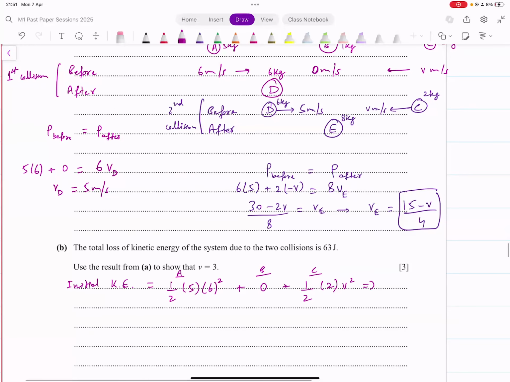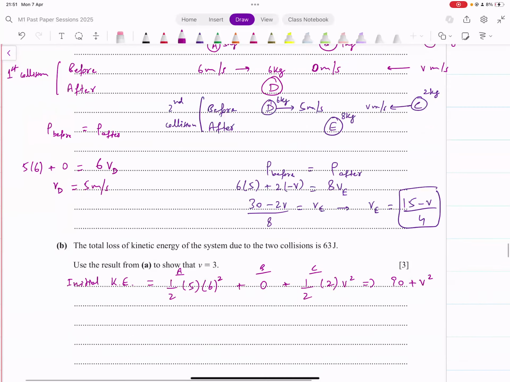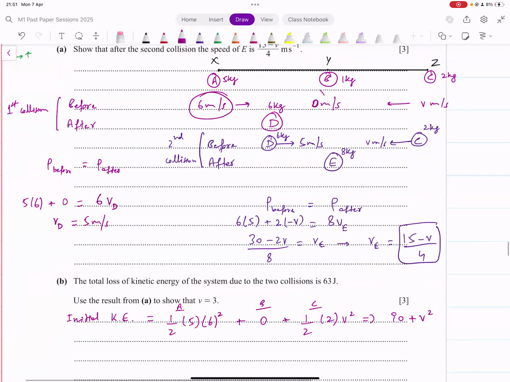That's the initial kinetic energy. What does this simplify to? 36 over 2, that's 18. 18 times 5 is 90. 90 plus v squared, that's the initial kinetic energy, right? In the very beginning, when they're moving at these speeds.